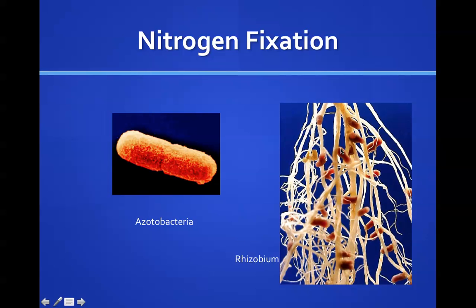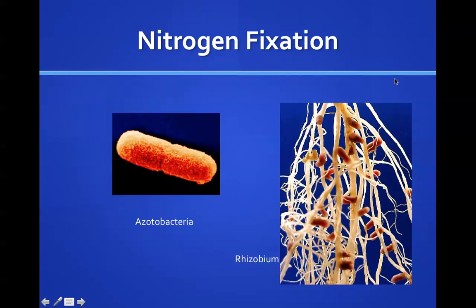Rhizobium creates these nodules that you can see here, in leguminae. That's like legumes, if you know what I mean. Leguminae are like peas and all these plants with long roots.